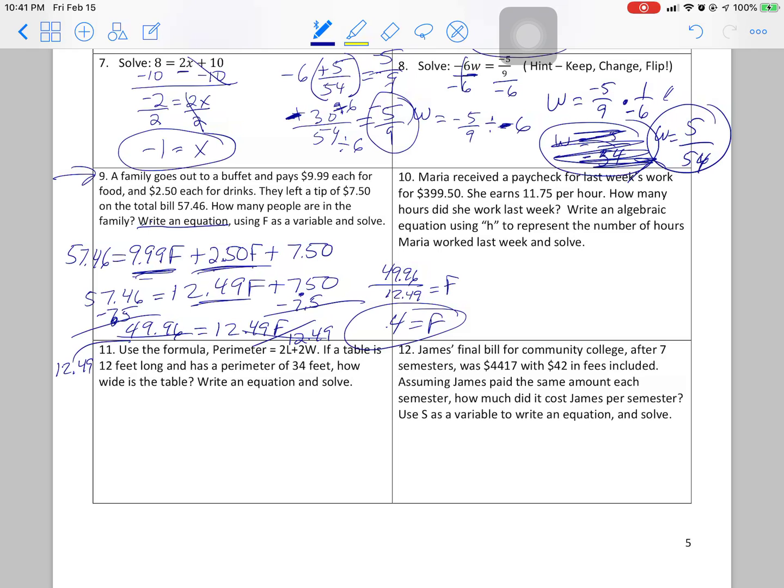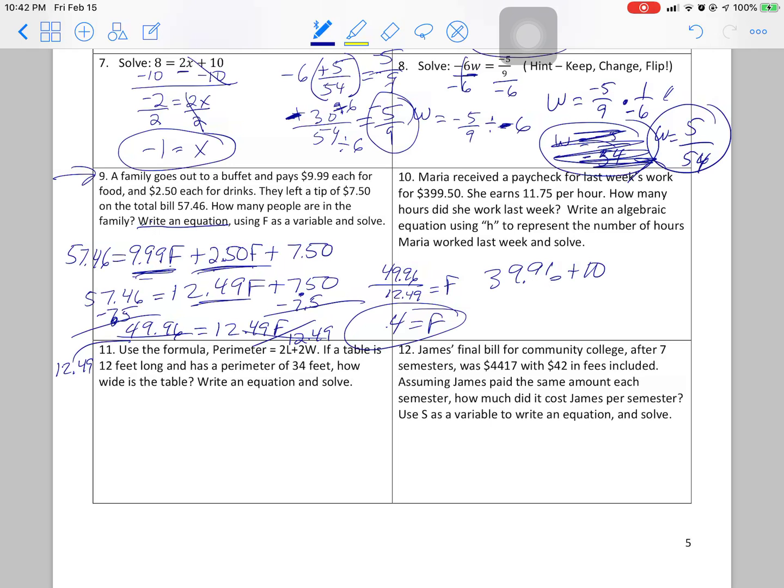And then, so that times 4 plus, here, let's do it. 9.99 times 4 is 39.96. That's the food. Then we had $2.50 times 4, which is $10. Sorry, hang on. That's a 9.